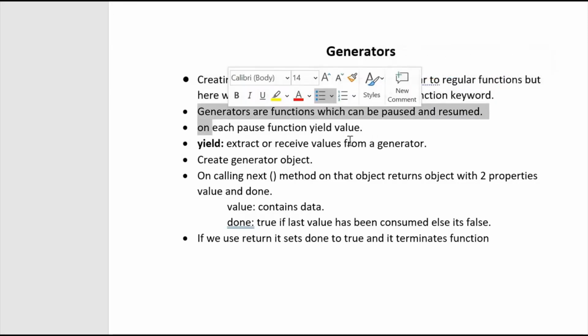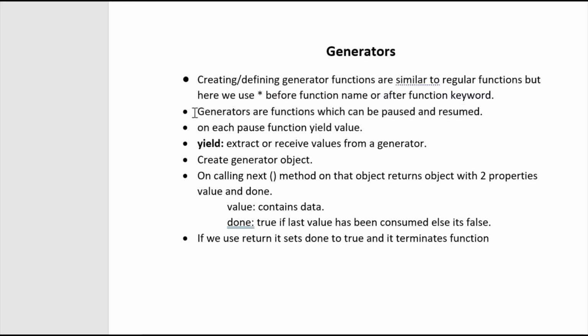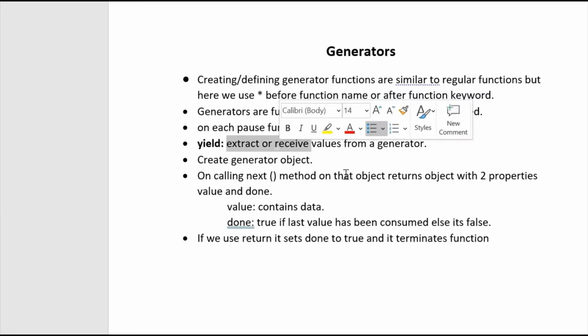As we said in an earlier point, with generators we can pause and resume these functions. On each pause, the function yields a value. What does yield mean? Yield means extracting or receiving values from a generator.